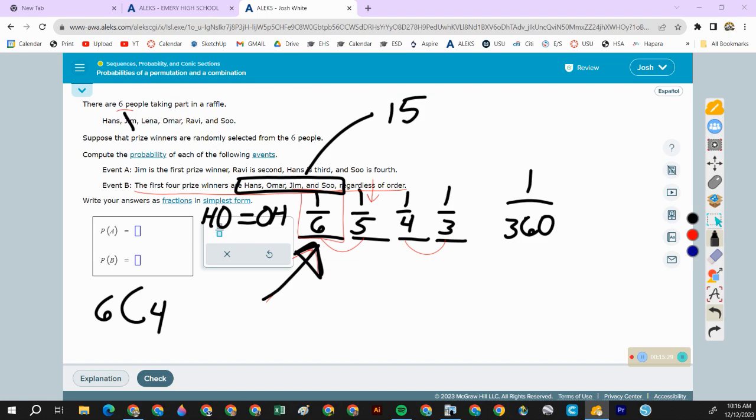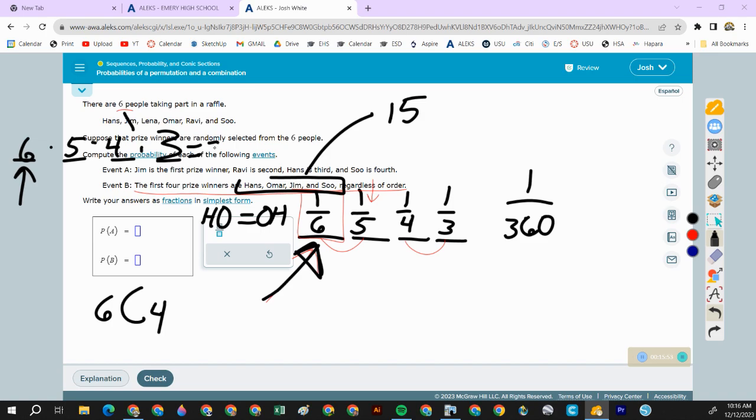But how many total options are there? How many ways are there to pick person number 1? 6. And person number 2? Not 6. 5, 4, and 3.